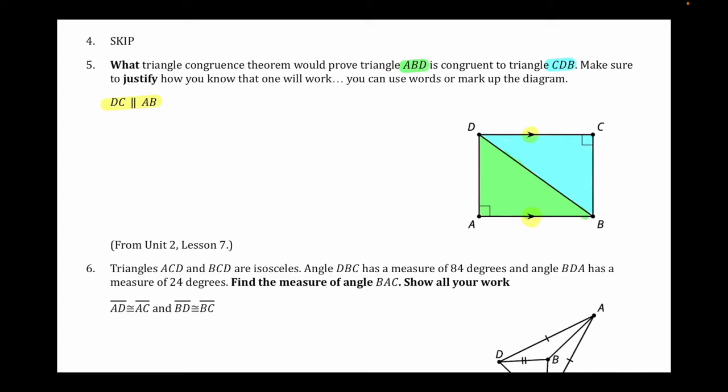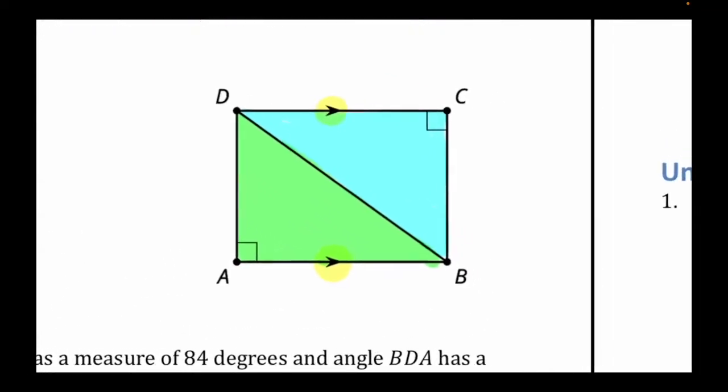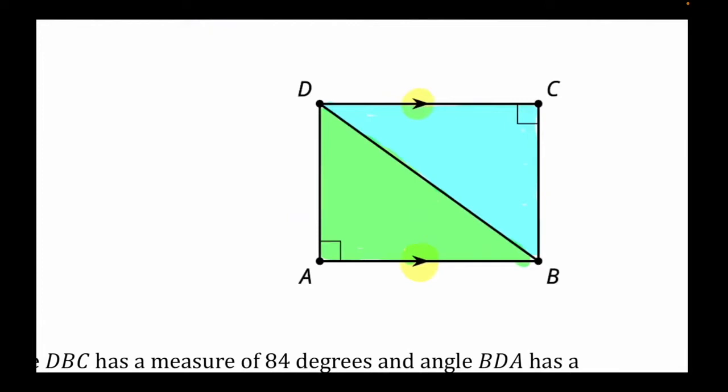Okay. Now, let's actually look at our diagram and what we might know. Before I actually get started with what pieces of information I need, I just like to mark everything that I know is congruent. And the first thing I see here is that this has a shared side in the middle, so I'm going to make that a nice straight line. So I know that side can be congruent to itself. BD is going to be congruent to BD.